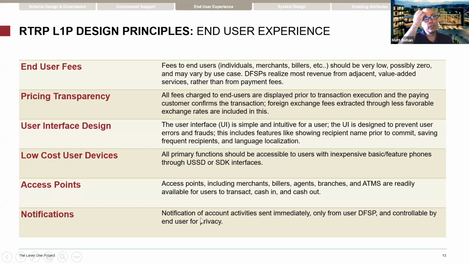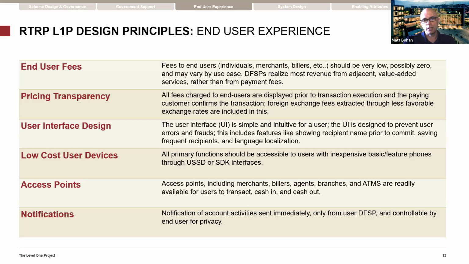And then importantly, notifications of my transactions should be sent immediately just from the user's DFSP, so they can both trust them and not have three notifications in for every transaction that they make. And they should be controllable by the end user to allow them to protect their privacy and to keep their transactions theirs.